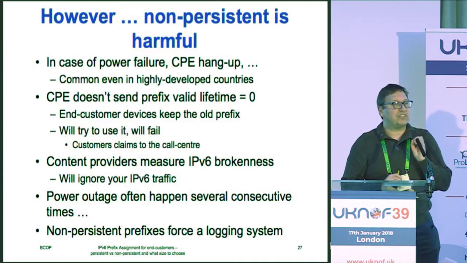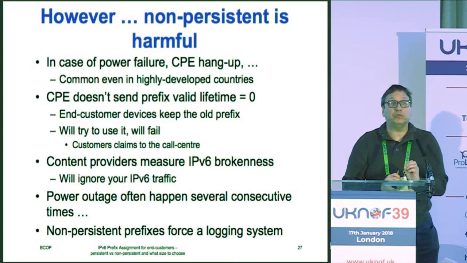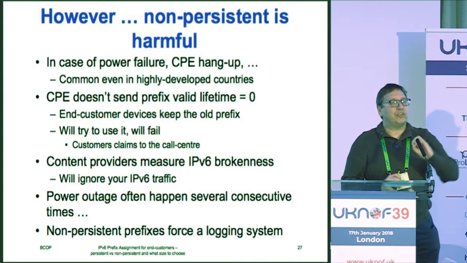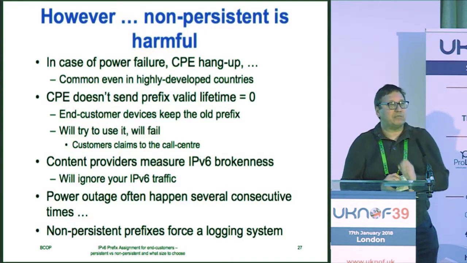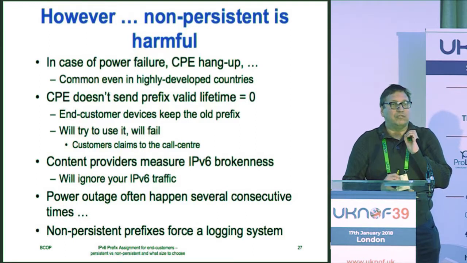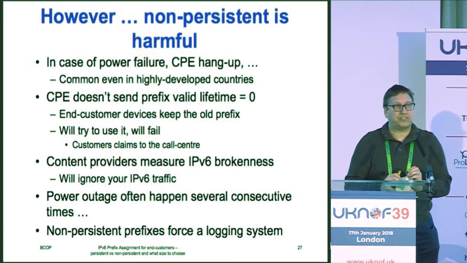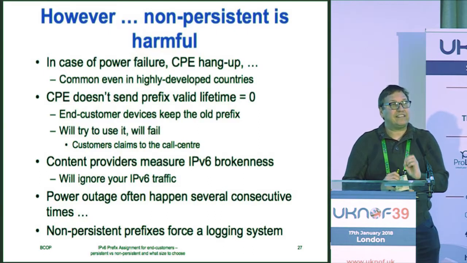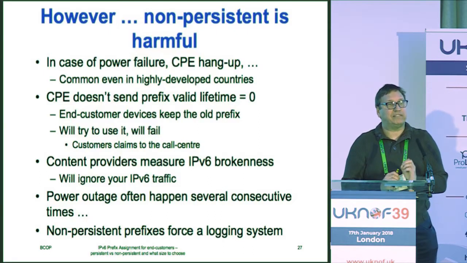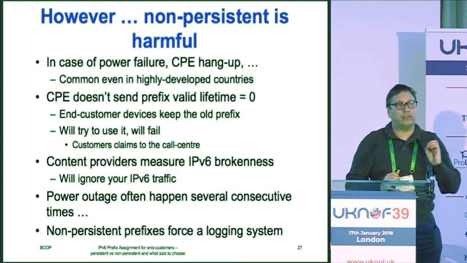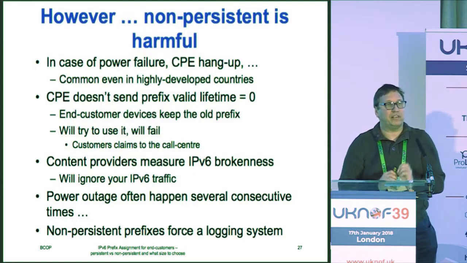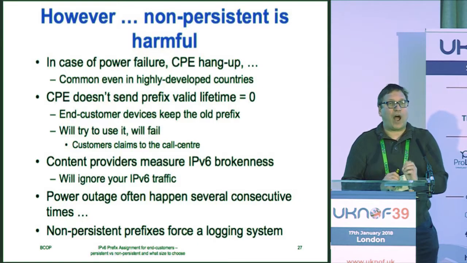So if the CPE gets rebooted, because of the RA times, the machines in the network will remember the previous prefix and will get now a second prefix, but the first prefix is no longer being provided by the link. So actually the hosts in the network will break.